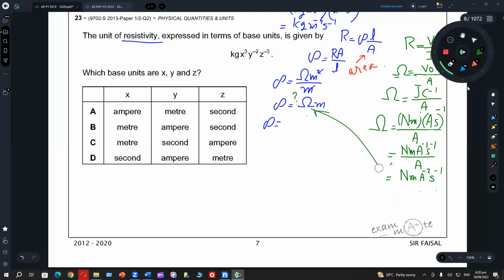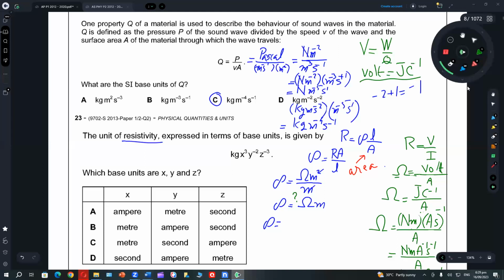Newton meter can be further broken down into kg m s minus 2. A S minus 1 is coulomb. Remember, some people are asking about coulomb. Coulomb is actually the unit of charge. Coulomb is ampere into second.